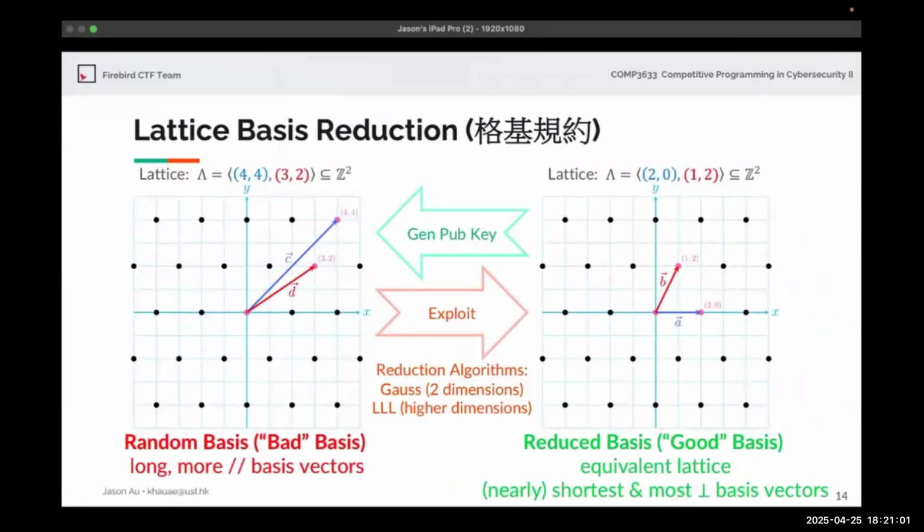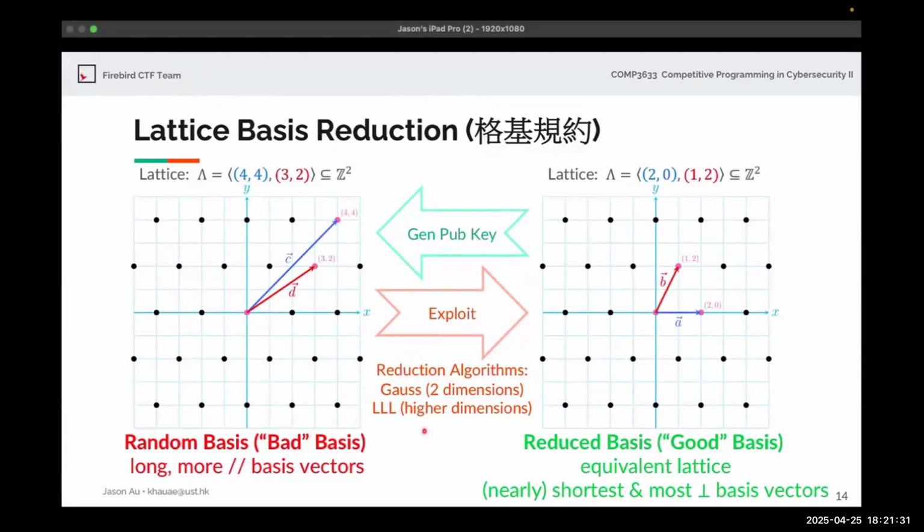The idea behind the reduction algorithm is that we use the good basis to generate a public key, a bad basis, and our exploitation would be the reduction algorithm. In 2 dimensions, it would be Gaussian reduction or Gaussian elimination. This knowledge is very close to that taught in the DSD-M2 syllabus.